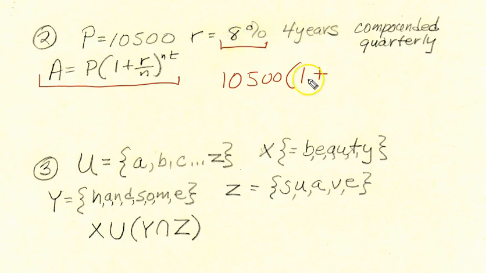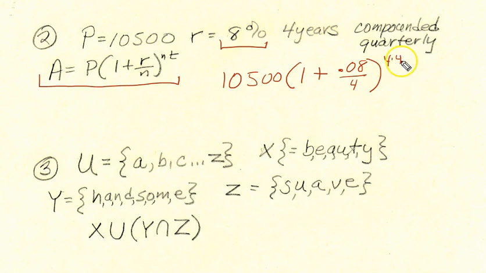I have to convert that to a decimal fraction, so 0.08. The compounded period is quarterly for the N, so that will be 4 times a year. And then our exponent is going to be 4 for the N, and then our T is for 4 years.